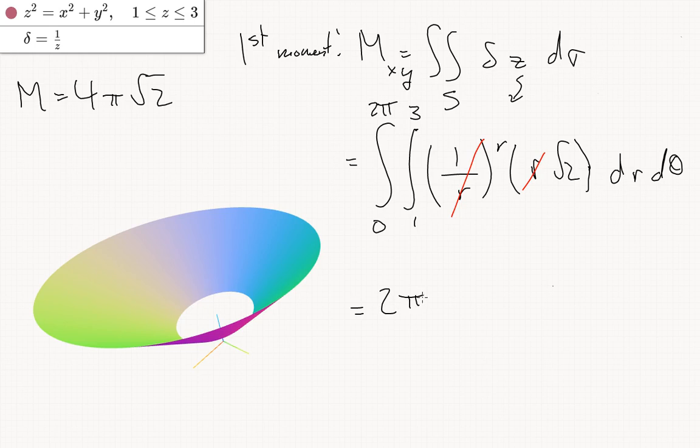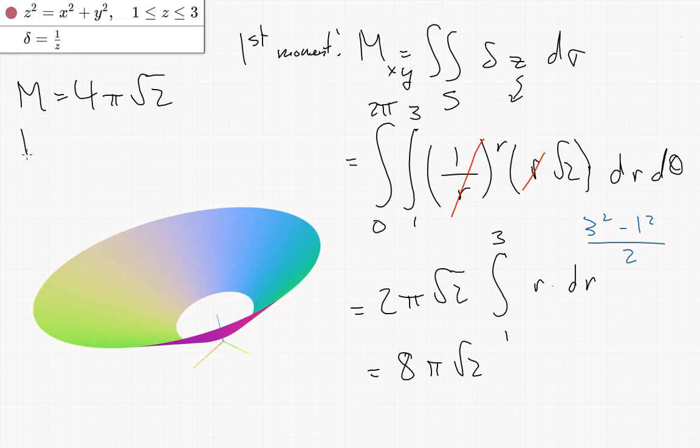So this is 2 pi root 2 integral from 1 to 3 of r dr. So this will be 3 squared minus 1 squared over 2. So that'll give us 4, but then we also have a 2 over here. So this will give 8 pi root 2. So Mxy is 8 pi root 2.